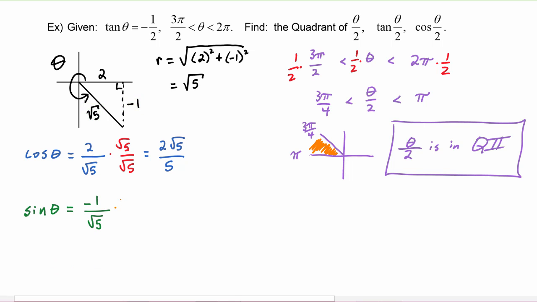Once again, we're going to rationalize, radical 5 over radical 5, and this becomes negative radical 5 over 5. Now we're ready to use these identities and find the tangent of theta over 2 and the cosine of theta over 2.